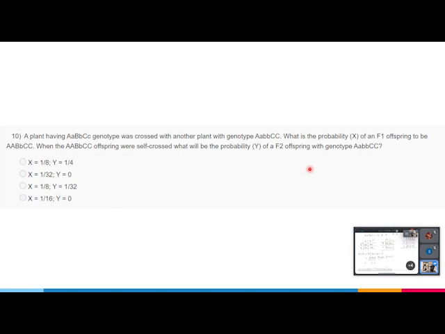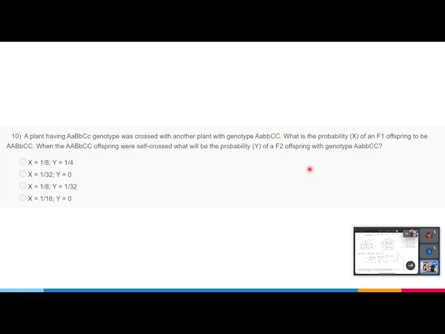For homozygous recessive B, we do have a probability of 1/4. And for homozygous dominant C, we have a probability of 1. But that does not matter. Multiplication by 0 gives us 0. So this is our F2 probability.